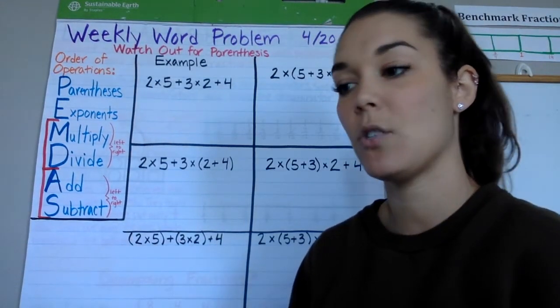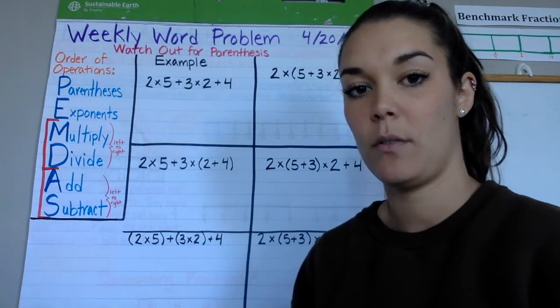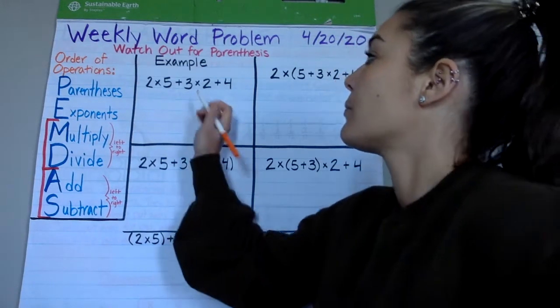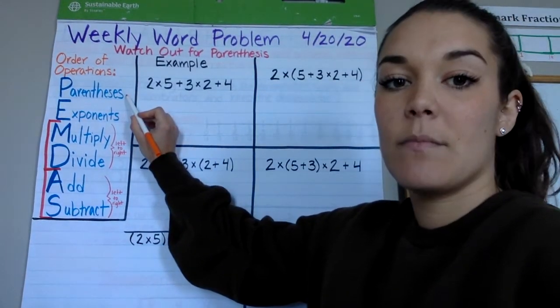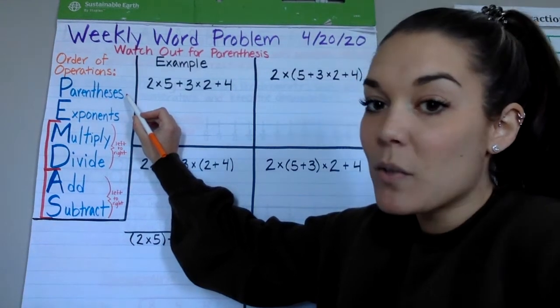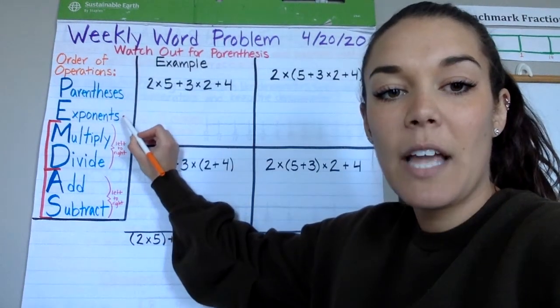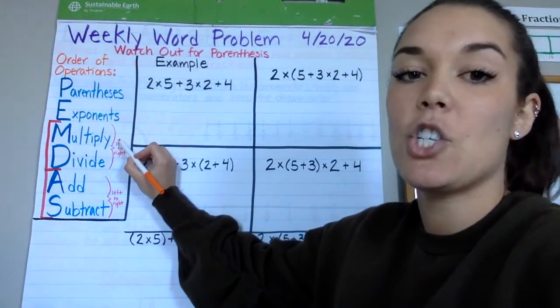So Mrs. Jones did do the first example for you, but I'm just going to go over it as a little refresher, okay? Up here, we're looking to see if there's any parentheses. Are there? If we were sitting around our small group table, everyone would say no. Is there any exponents? No. Is there any multiplication?